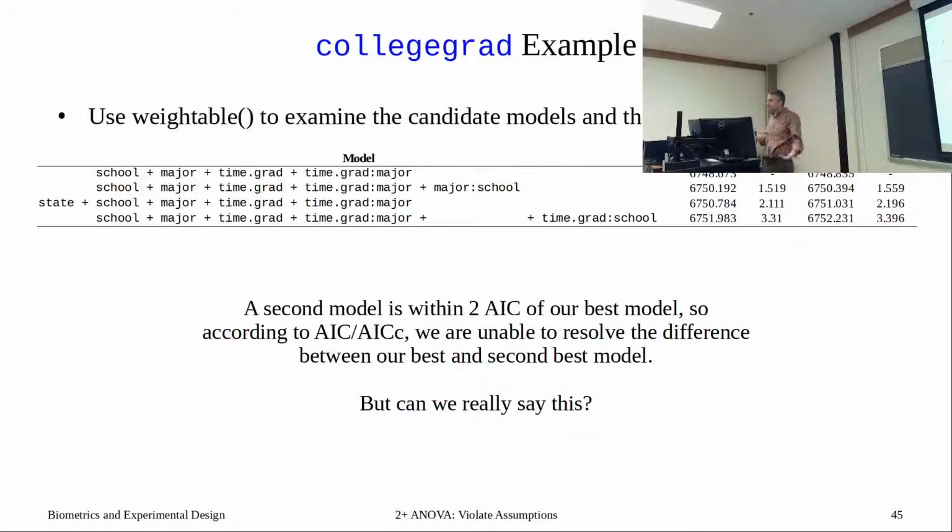Preferably, use a font that lines up all of the terms so you can clearly see what terms are missing from various models. I made sure these top 4 lined up, and then you can see I added major school, state, time to graduation, and school, because these were the top 4 models.